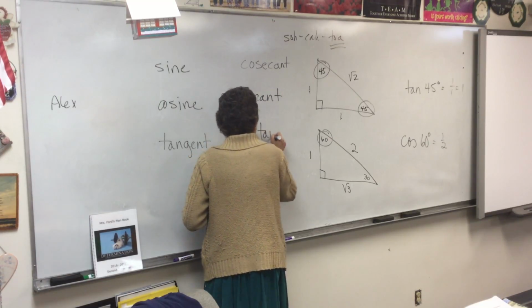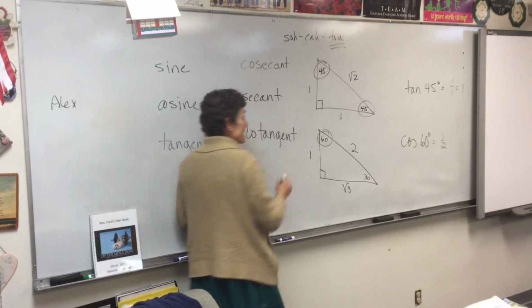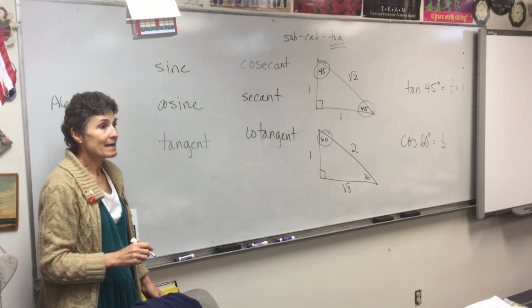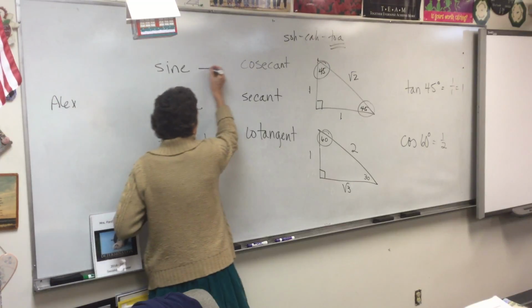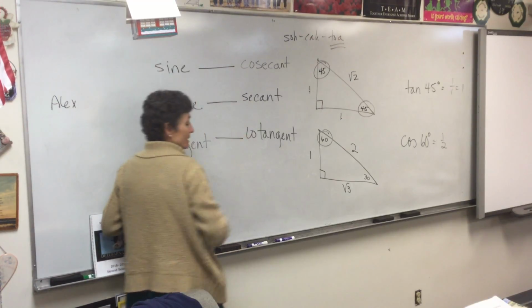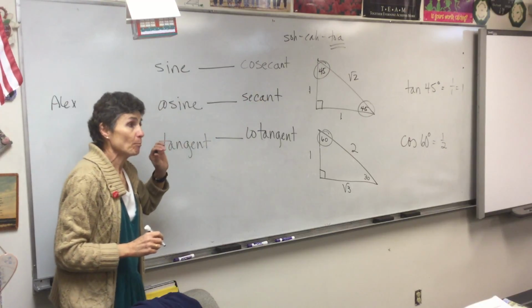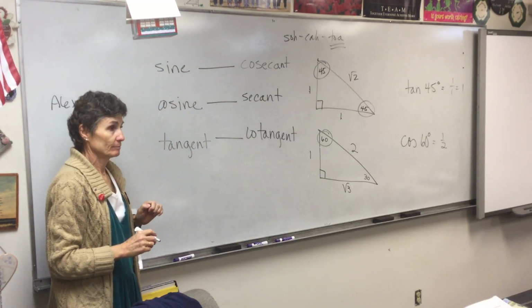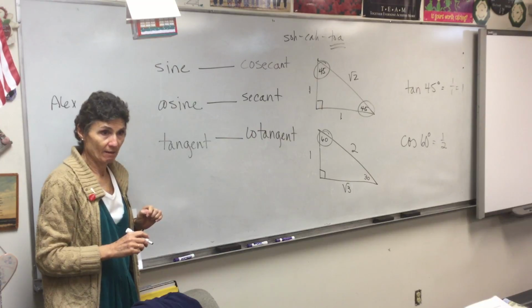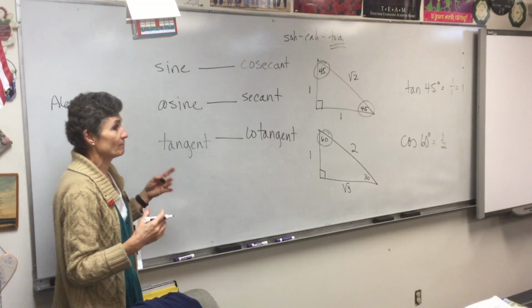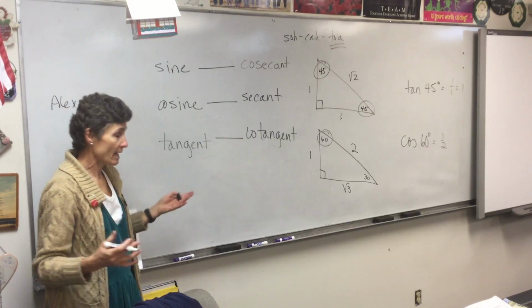And I have not randomly placed those. I have lined them up in order for a reason. These are reciprocals of each other. So what does it mean to be a reciprocal? What's the reciprocal of 2/3? 3 halves.